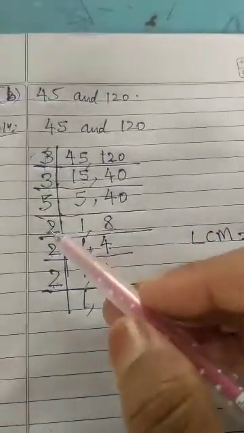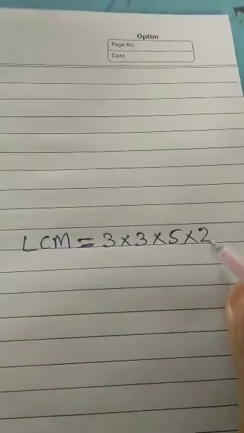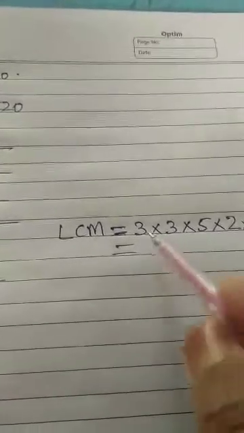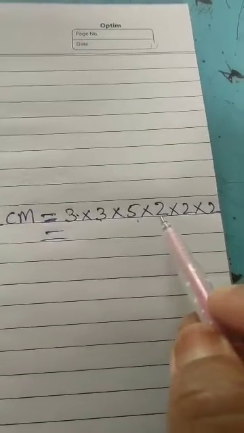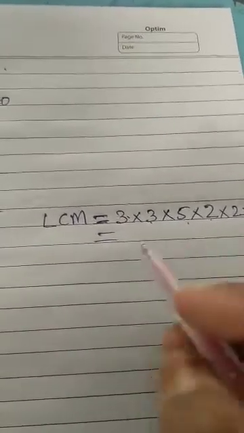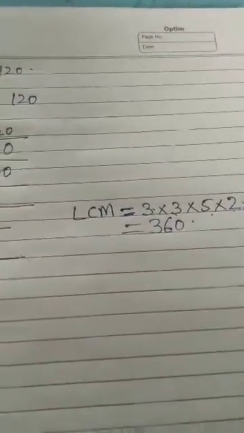And how many 2 are there? 1, 2, 3. See here, 3 2s are there. Multiply this. 3 3s are 9, 9 5s are 45, 45 2s are 90, 90 2s are 180, 180 2s are 360. This is the LCM.